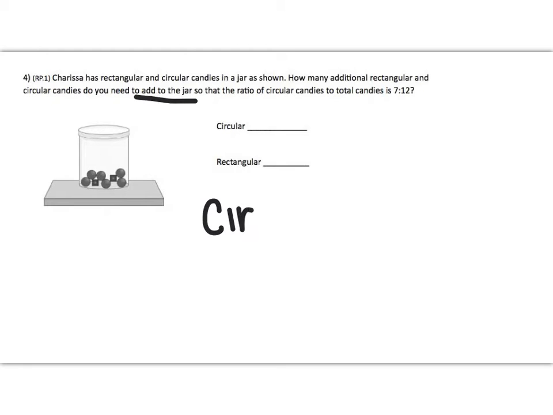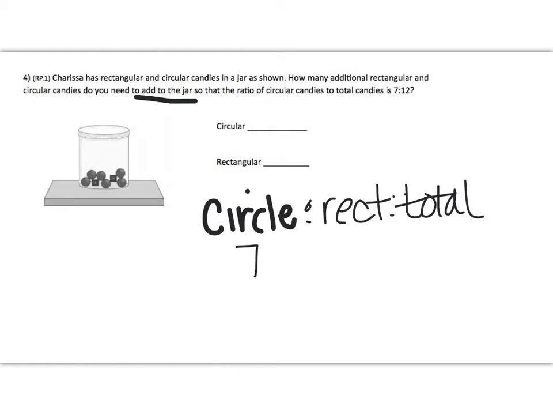So technically, we want our circle candies to be 7, and our rectangular candies to our total candies. So here's our setup. So we want it to be 7 to 12, which means that we need to have 5 rectangular candies.